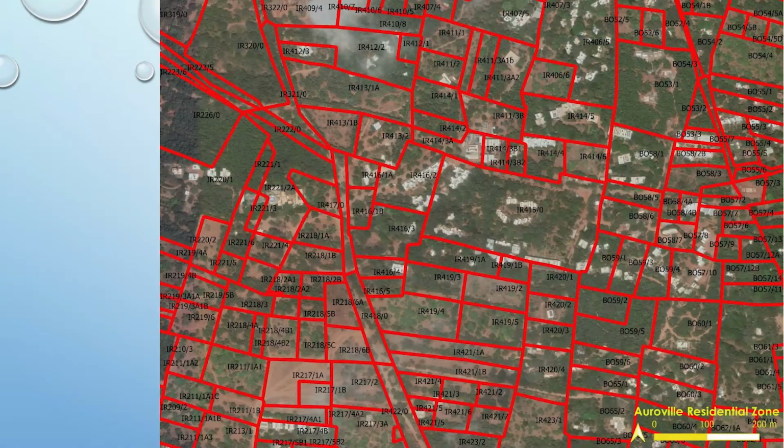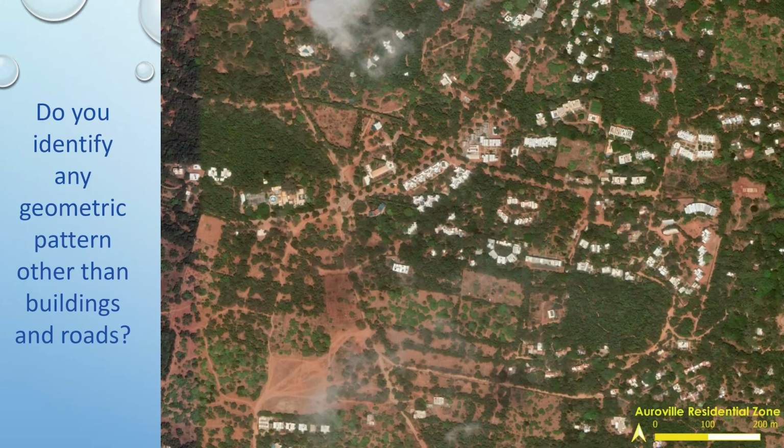They are planted on the plot boundaries. Now, the plot boundaries are marked by palmyra trees and by a bund.